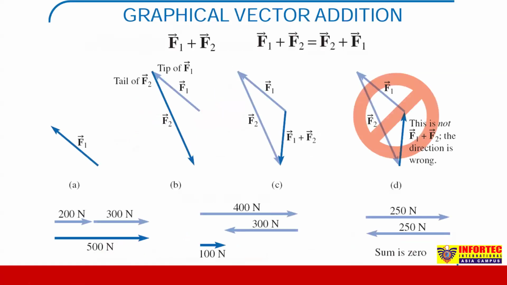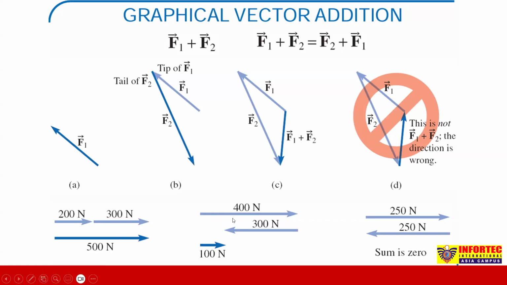Okay. The graphical vector additions. We can see some diagrams here. In example A, you can see 200 Newton and 300 Newton in the same direction. We can add these, and the resultant vector is in the same direction. Then 200 plus 300 equals 500 Newton, same direction.